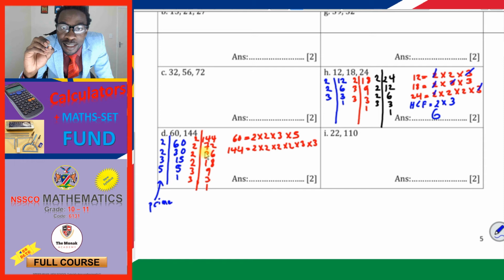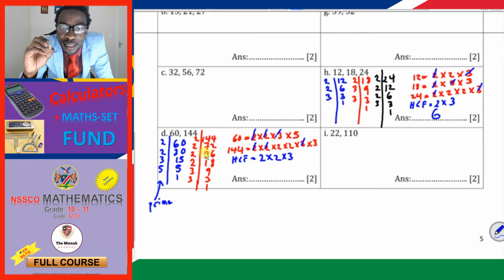Now we look for what is common. So 2 and 2 are common. Nice. Another 2 and another 2 are common. There is no more 2. So we go to 3. So 3 and 3 are common. There's no more 3 in 60. We try 5. There's no 5 here.